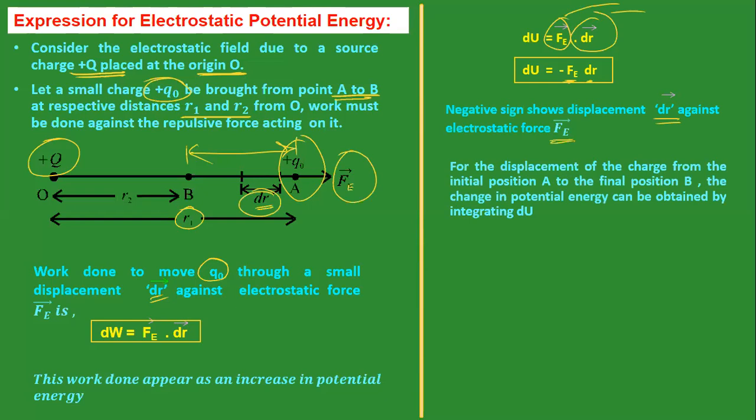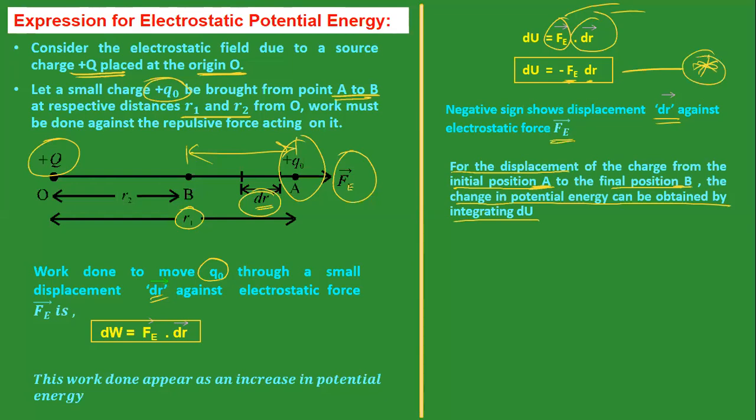For the displacement of charge from initial position A to the final position B, pay attention, the change in potential energy can be obtained by integrating this. If we integrate this equation, we get the total change in potential energy.